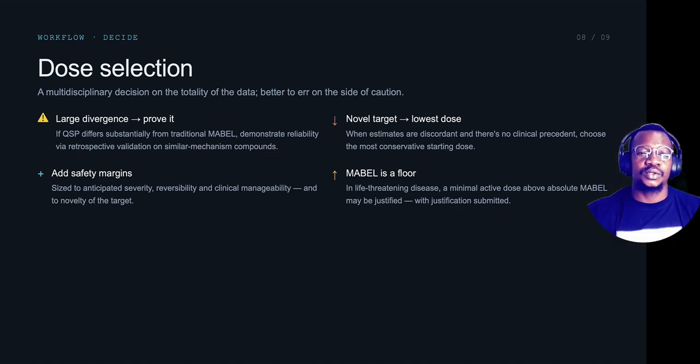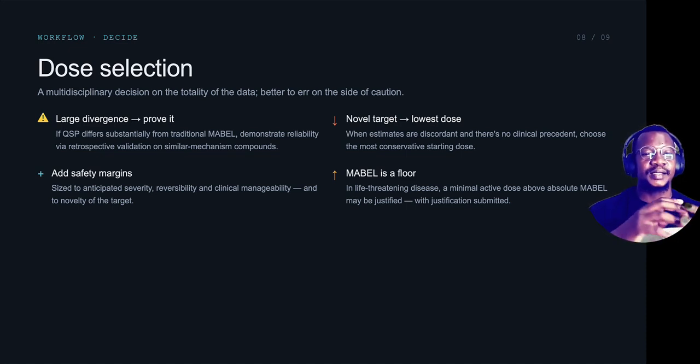Of course, dose selection at that stage, with the results on the table, is a multidisciplinary decision. So if there's a large divergence, for example, if QSP differs substantially from traditional methods, then demonstrate reliability via retrospective validation on similar mechanism compounds.